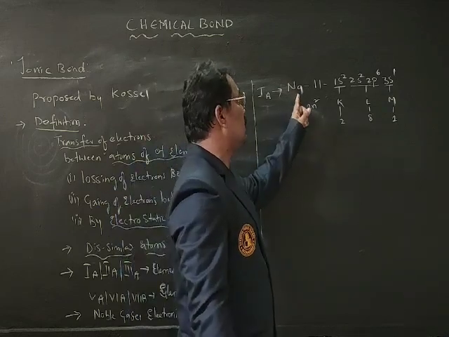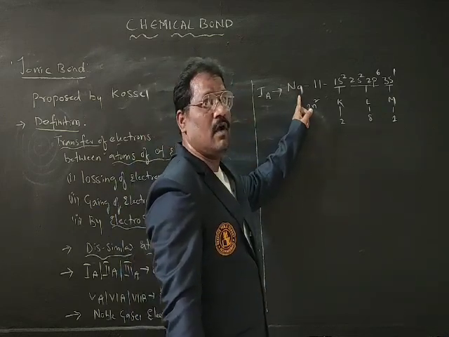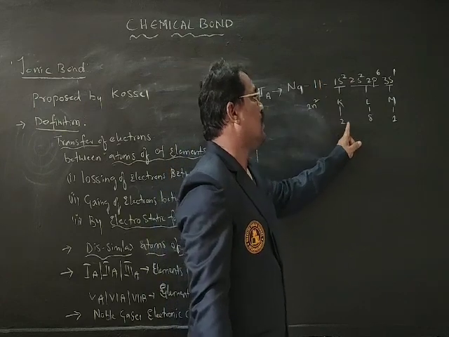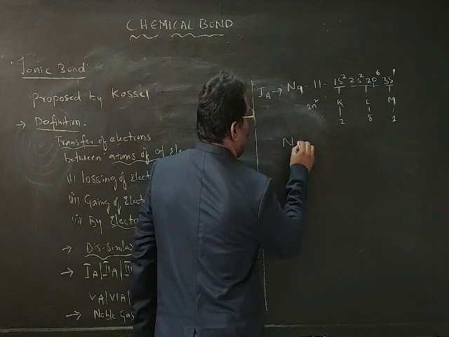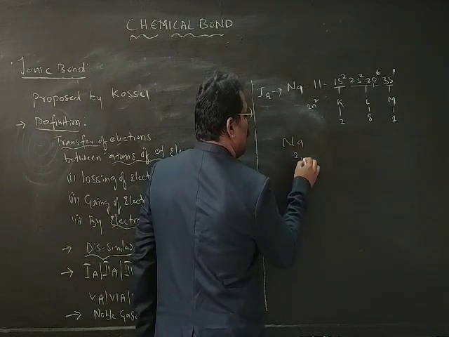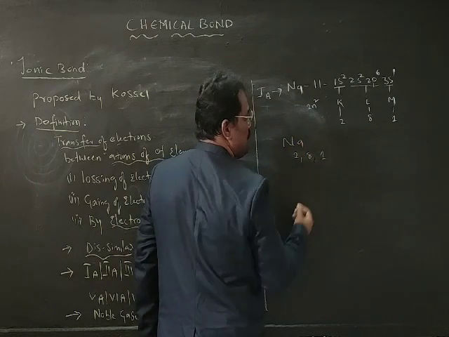Therefore, the electrons in a sodium atom are 2, 8, 1.